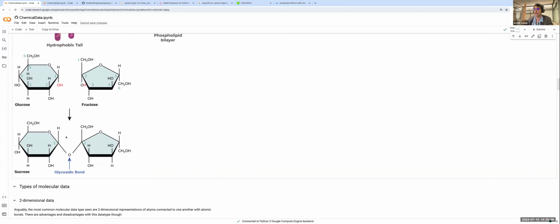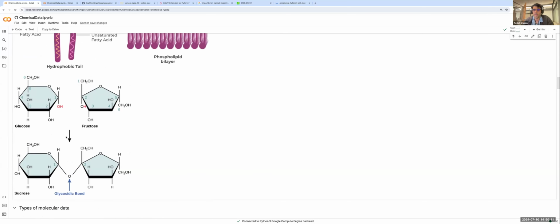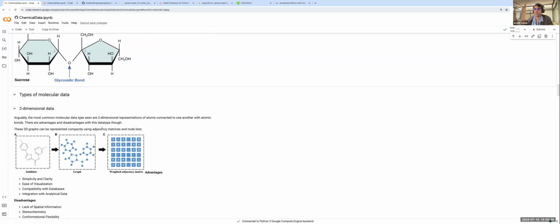And so now that we have this information, the idea is how do you represent this? How do you actually insert this into some kind of model that you might want to actually use to either generate new compounds or to learn different properties? And so one of the ways that you could represent these compounds is as graph structures. And so that's pretty straightforward because if you look at any of these compounds, they're a series of atoms.